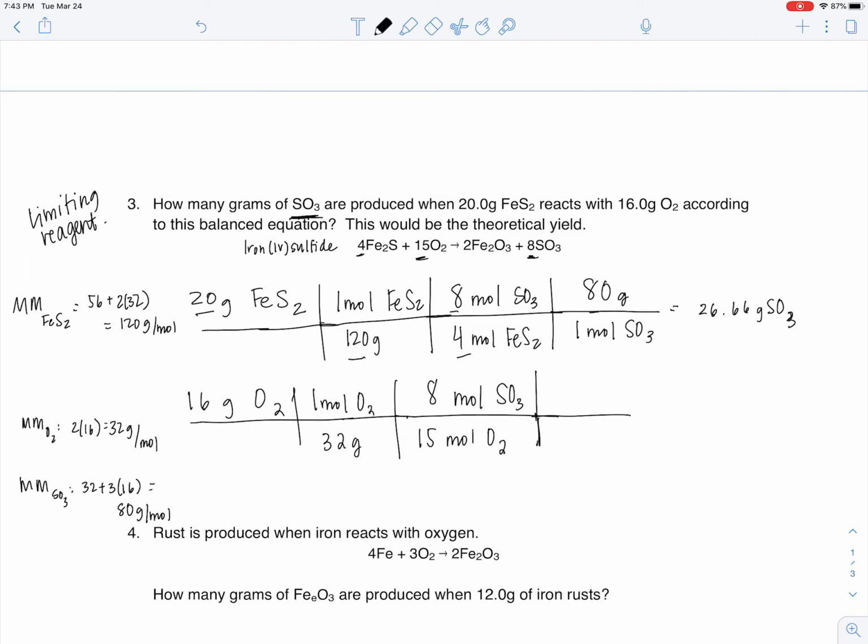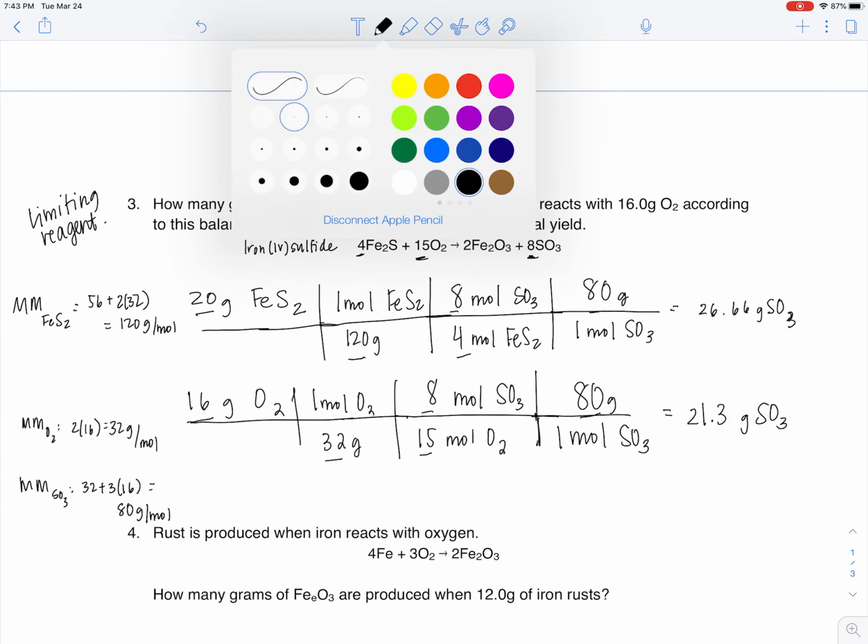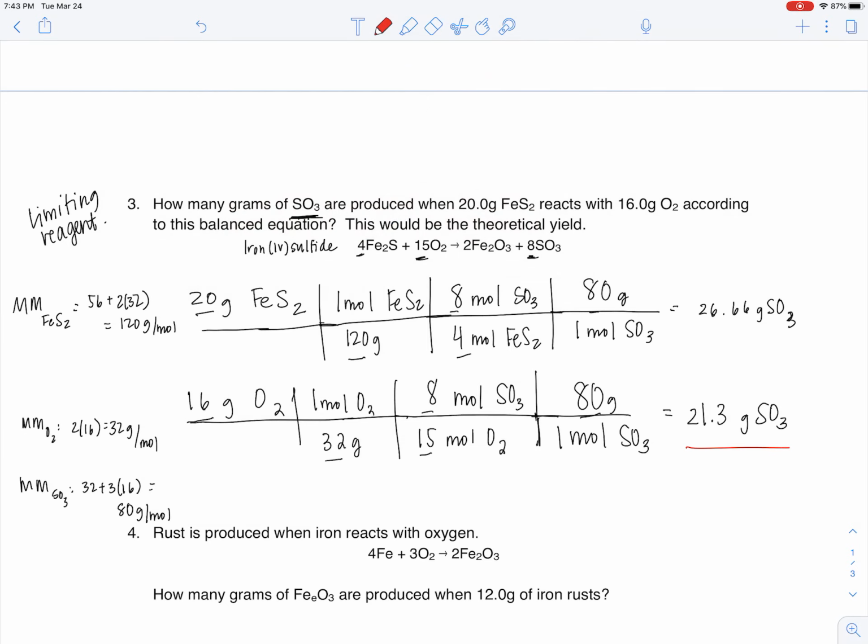Those are the coefficients, 8 and 15. And 1 mole of SO3 is 80 grams. When we do this calculation, 16 divided by 32 times 8 divided by 15 times 80, we get 21.3 grams of SO3.